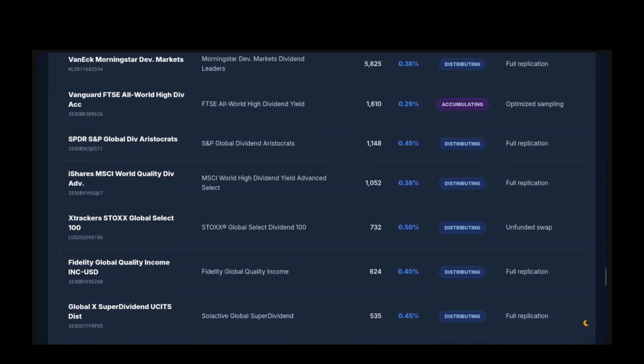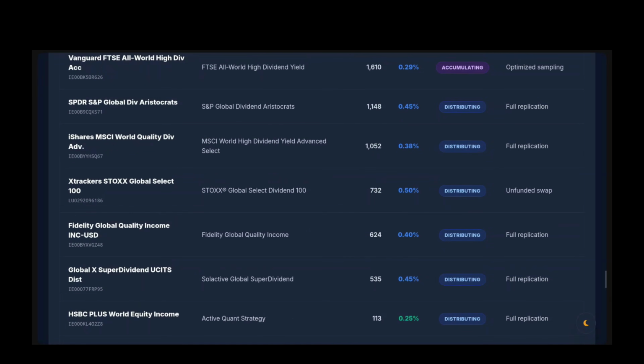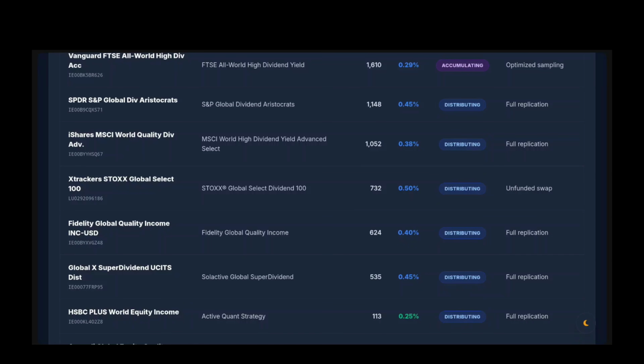We then have the STOXX Global Select 100, which follows the STOXX Global Select Dividend 100, which is 732 million, has 0.5 expense ratio, is distributing, and it's unfunded swap. We then have Fidelity Global Quality Income, and it follows the Fidelity Global Quality Income, 624 million, 0.4% expense ratio, distributing, and it is full replication.